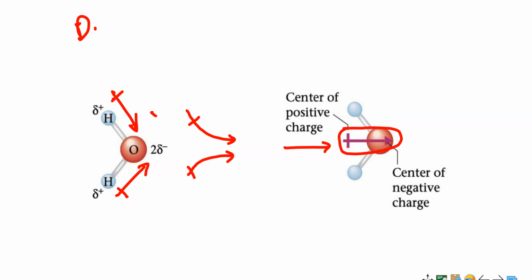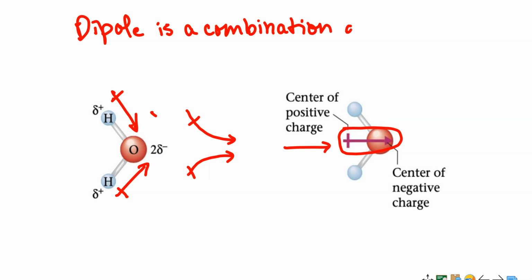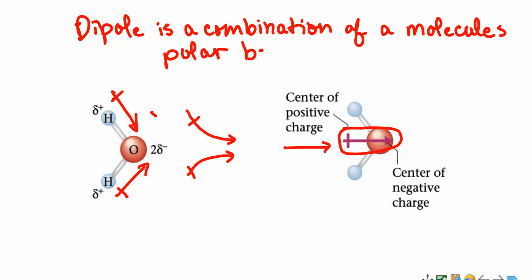So a dipole, let's write that down. A dipole is a combination of all of a molecule's polar bonds. Okay.